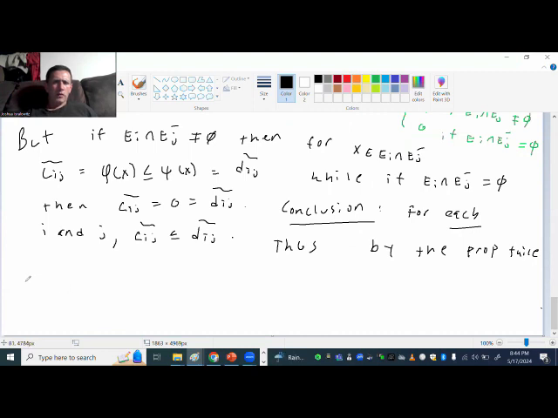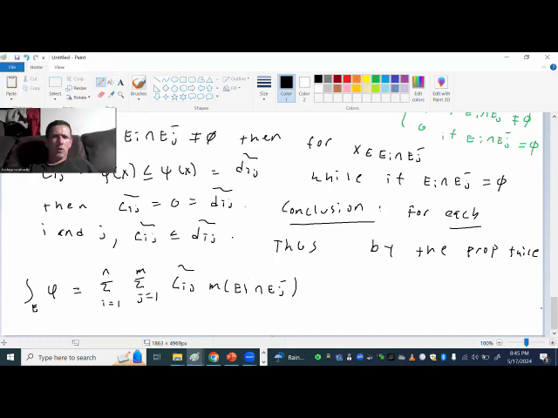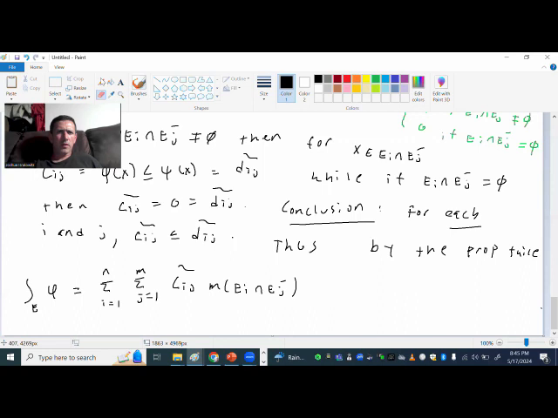Okay, so using the proposition, this is what the proposition says: sum i equals 1 to n of c_ij tilde.